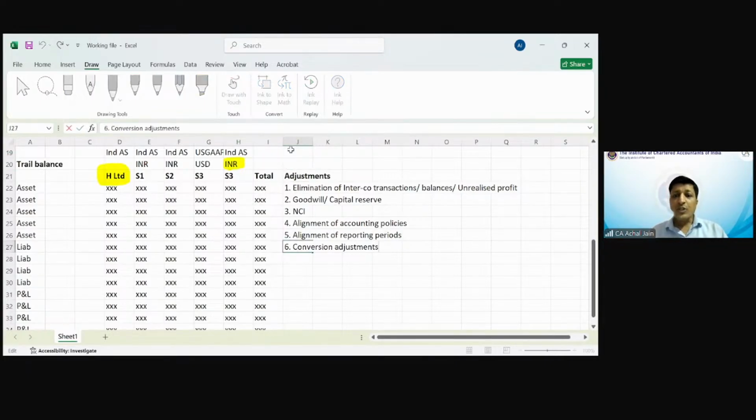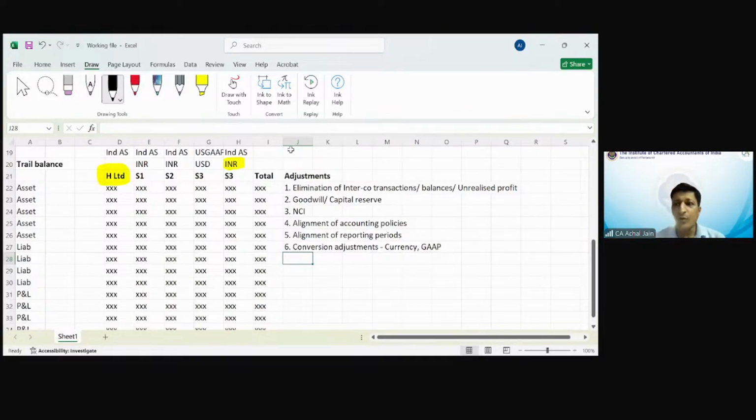Correct? So the conversion adjustments: one related to currency, second related to GAAP. Who needs to audit that? That needs to be audited by the auditor only. Sir, the auditor of the consolidated financial statements.